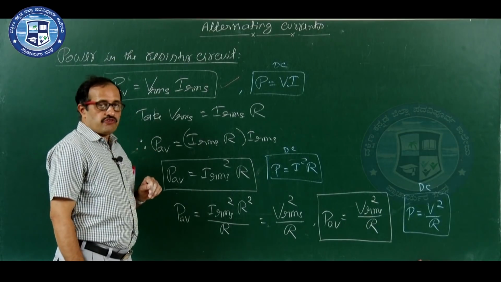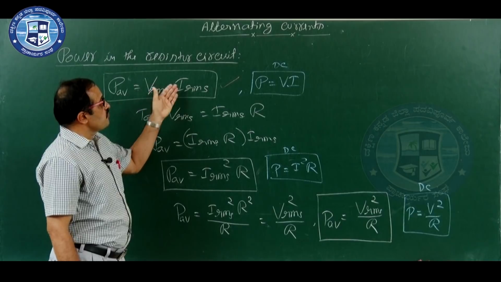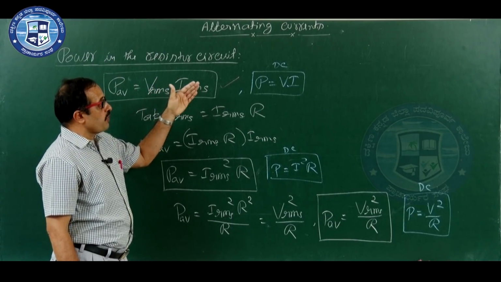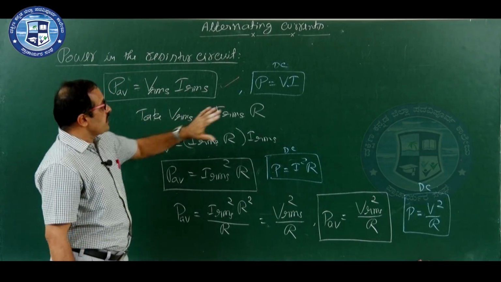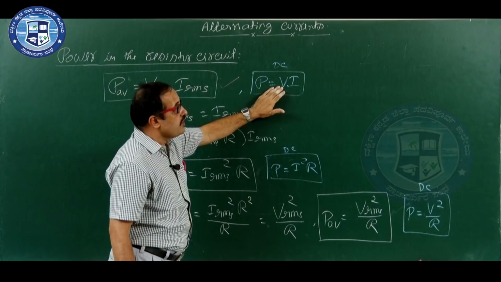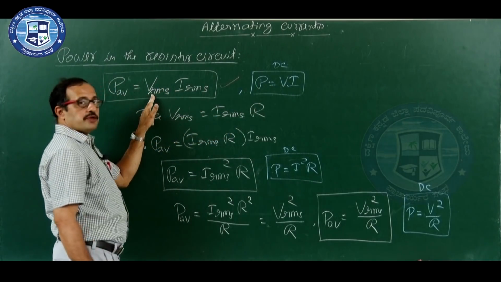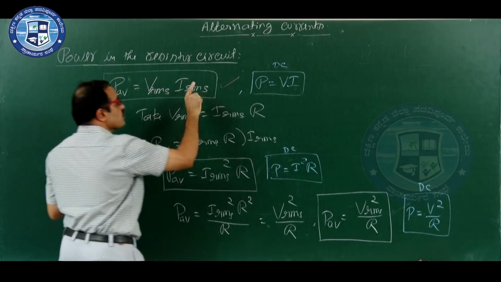Therefore, in the case of resistor, the equation for power consumption is similar to the expression for power consumption in the case of DC circuit, with one difference. What is the difference? Here you have got a voltage across resistor V, DC voltage. Here you have got an RMS value. Here it is a DC current through the resistor.